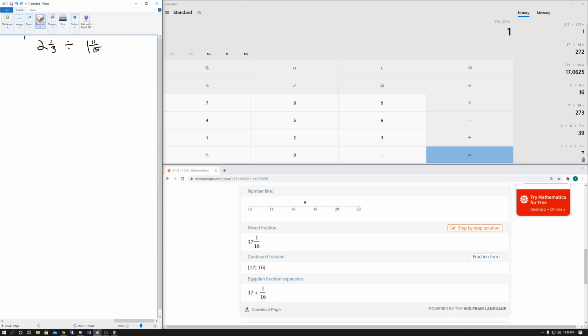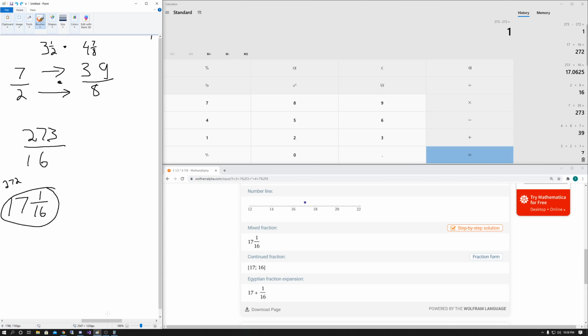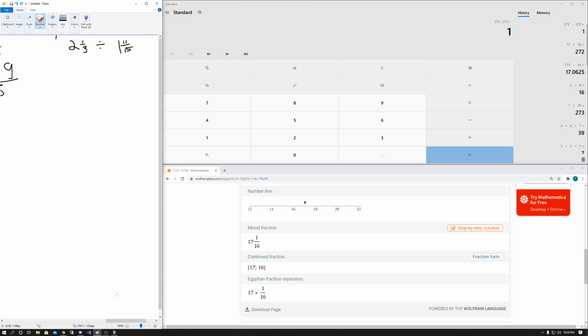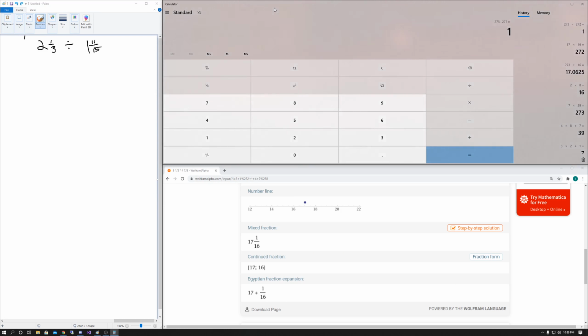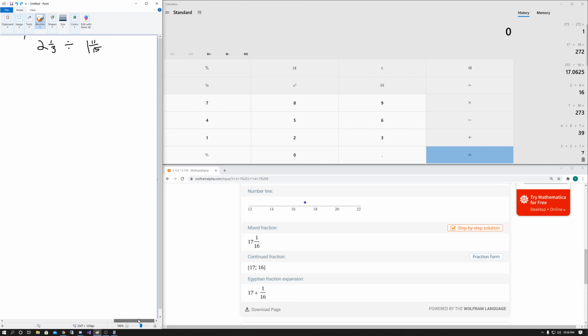Division takes maybe just a couple extra steps, but it's basically exactly the same. It's exactly the same as multiplying. We actually transform this division problem into a multiplication problem. But again, first thing you need to do is turn it into an improper fraction.